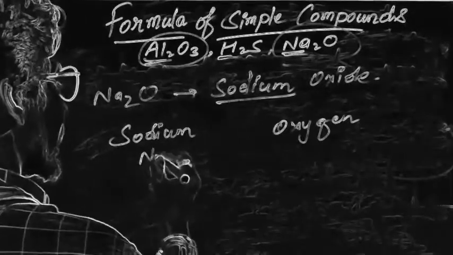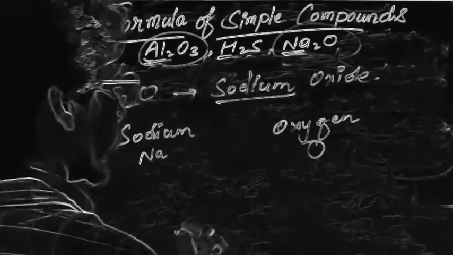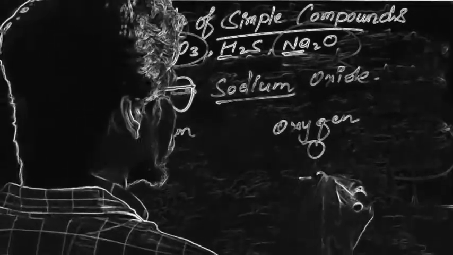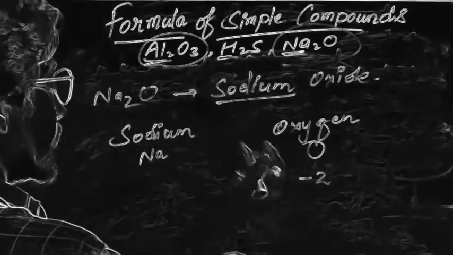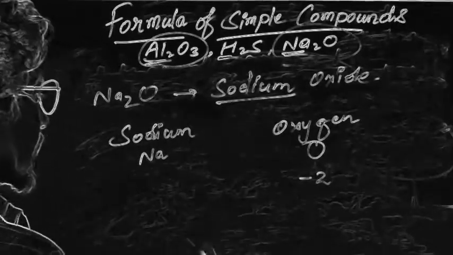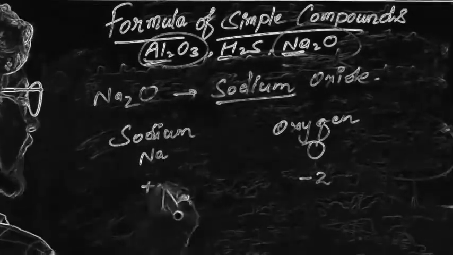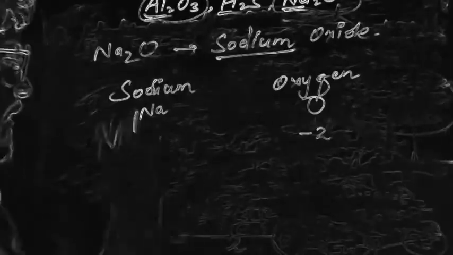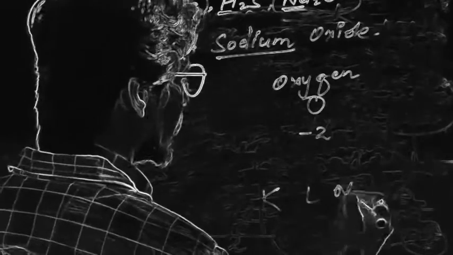Symbol of sodium, that is Na, and oxygen O. In our previous chemical formula we found the valency of oxygen, that was -2. And if you remember it, then it's very good. The chemical formulas can be made in seconds. Suppose Na, I know the valency, it's +1. And if you don't know, I told you how to find it out, using KLMN.